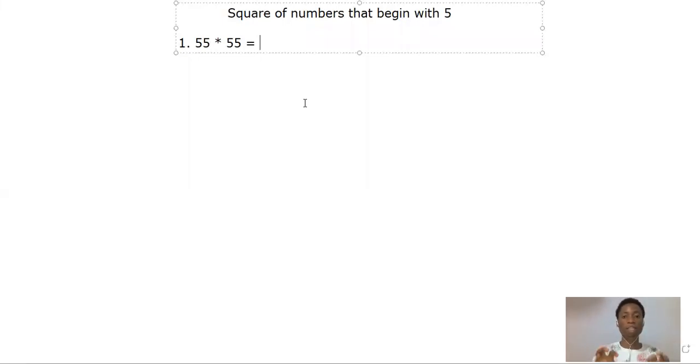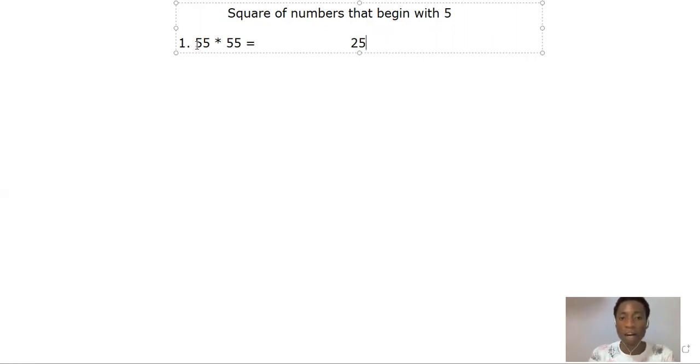But in this one, we have another way of doing this, for any number that begins with 5. It comes with 25 also, but that's not how the 25 works. This is how it works. We move to the front here. Let's put 25 here. Now we have 55 squared.